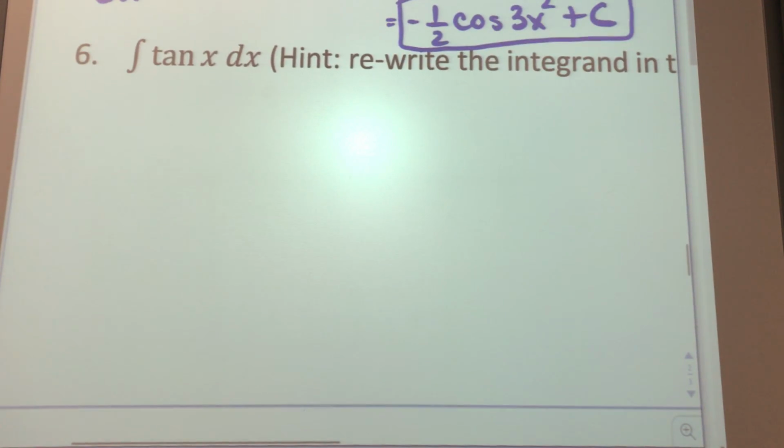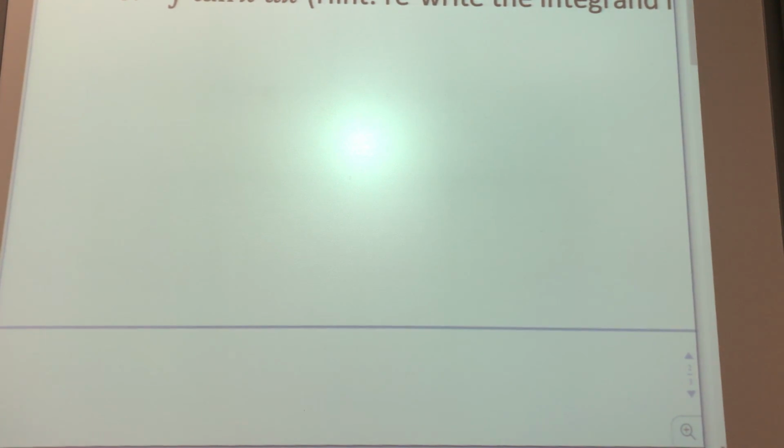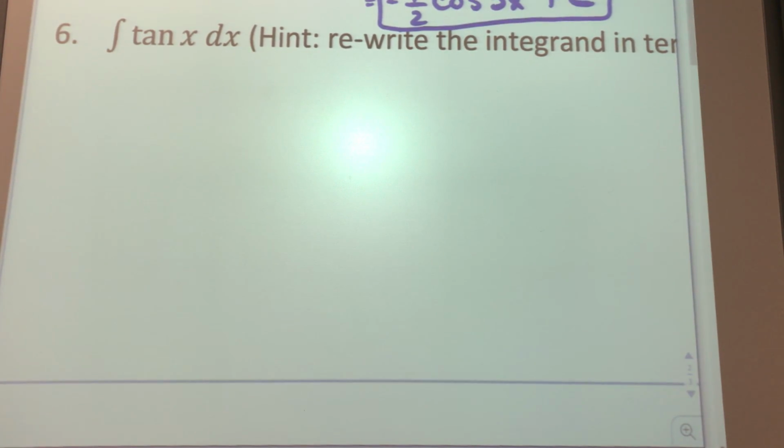Okay, and then the last one, we're going to rewrite it because we don't have a rule for tangent of x yet. We're going to discover it right now. So when we're finding the antiderivative of tangent of x, we can rewrite that using a trigonometric identity that the tangent of x is equal to the sine of x over the cosine of x.